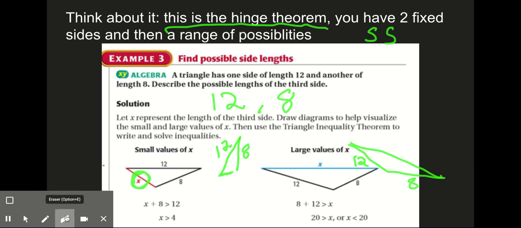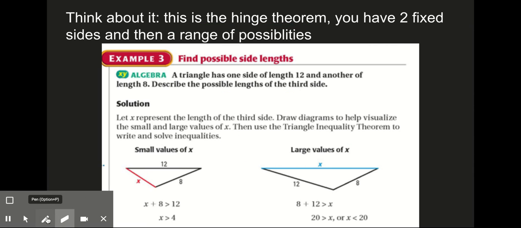So how do I actually set it up and solve that problem? We use inequalities. We can see it here. So the idea is you need to set up 2. I think people do a really good job with this one: if I'm going with the inequalities, then I know if x is really small, I need to make sure that the 2 smallest sides together are still bigger than the third side, right?